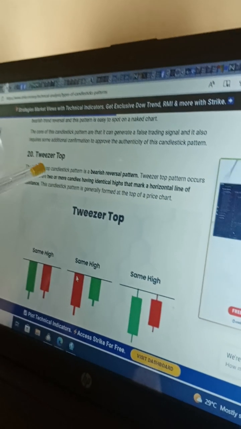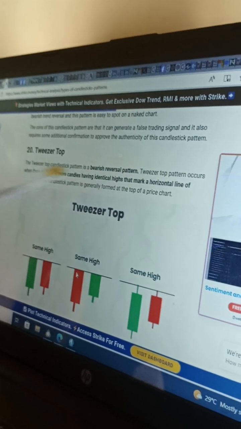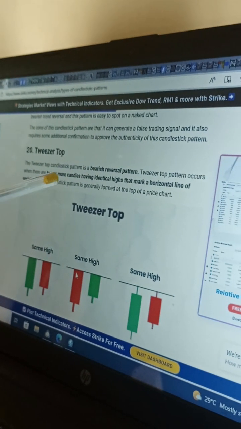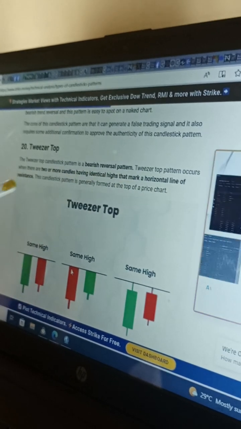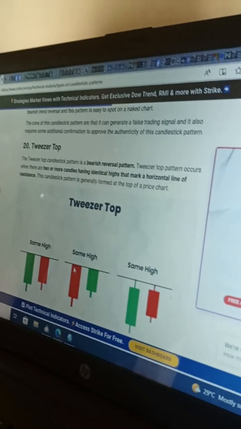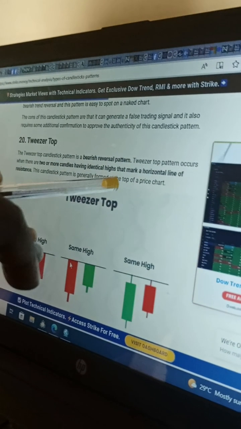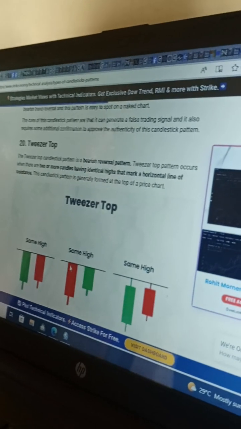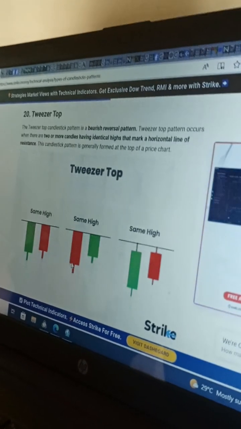The tweezer top candlestick pattern is a bearish reversal pattern. Tweezer top pattern occurs when there are two or more candles having identical highs that mark a horizontal line of resistance. You can see the former one was on the support level, but this one is on the resistance. This candlestick pattern is generally formed at the top of a price chart to show that we're about to enter into what now? Bearish movement.